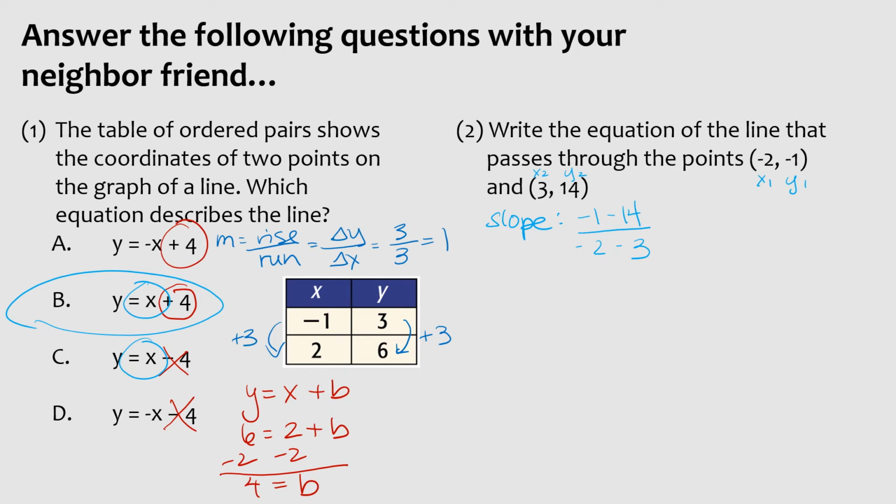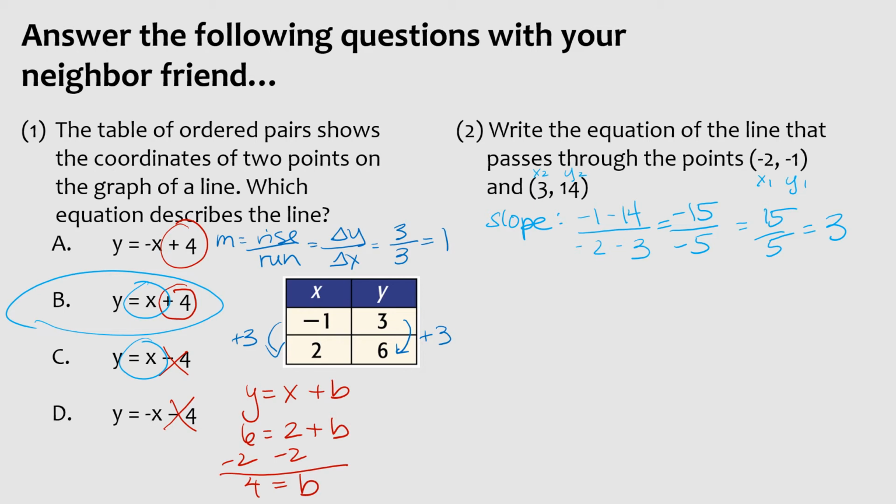All right, so following that through, I have -15 over -5. Well, negative divided by a negative is a positive, so that's just 15 over 5. And then 15 divided by 5 is just 3. I could have plugged it in the other way with the y2 minus y1. That would have given me all positive numbers. Again, it does not matter.